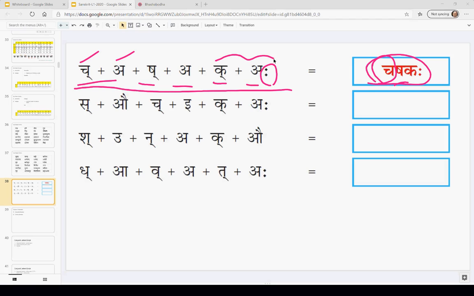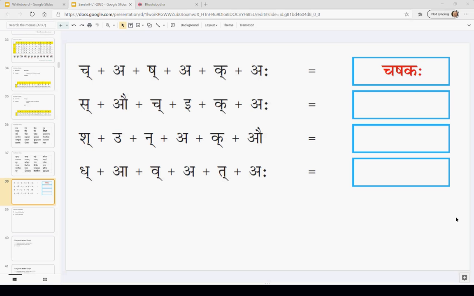The three sounds Ka, A and Visarga become Kaha. Chashakaha means a glass, like a drinking glass, or a cup.